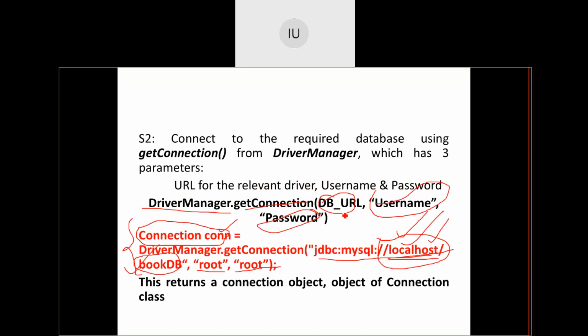Second step, using the DriverManager, DriverManager.getConnection of DB URL. The URL for MySQL goes like this: jdbc colon mysql colon slash slash localhost slash the name of the database, double quotes complete, comma, within a pair of double quotes the username, comma, the password. This returns a connection object.